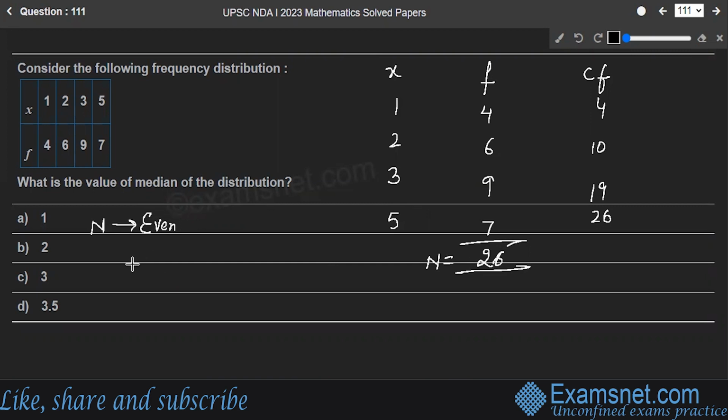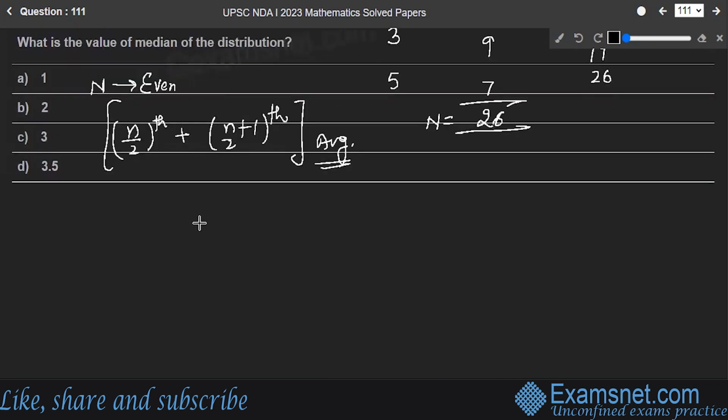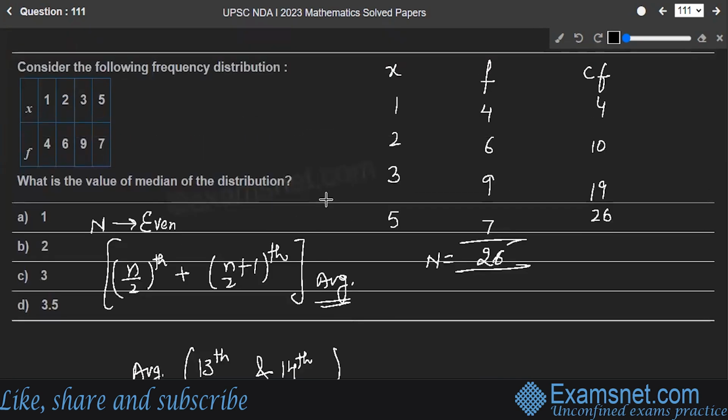That means median will be given by the average of N by 2th term and N by 2 plus 1th term. Now, N by 2 is 13, so I want the average of the 13th and 14th number. Where will be the 13th and 14th number?